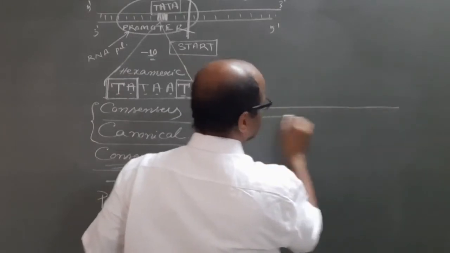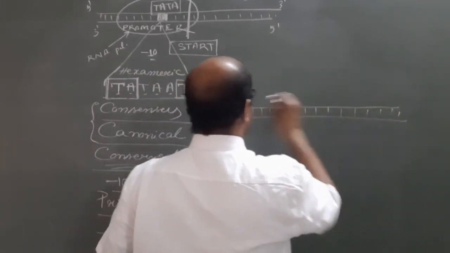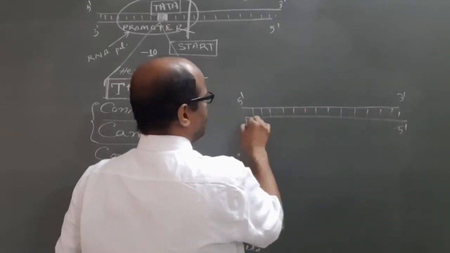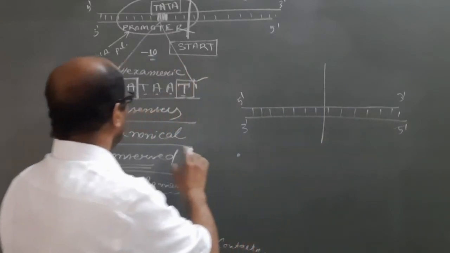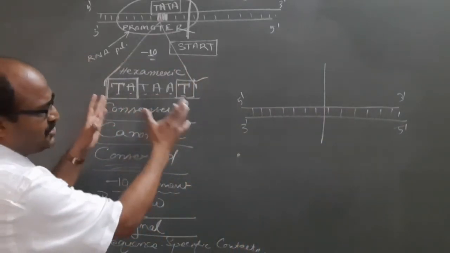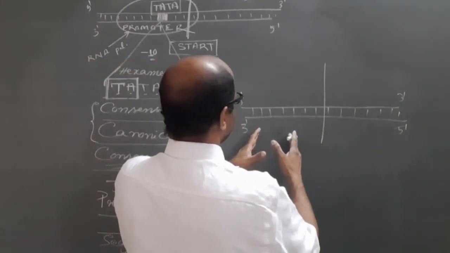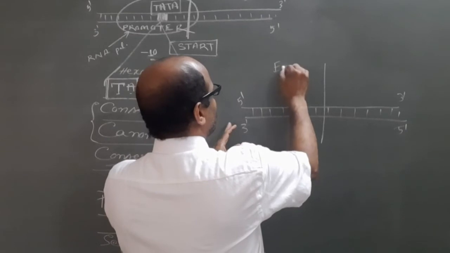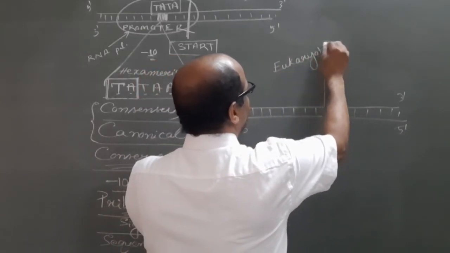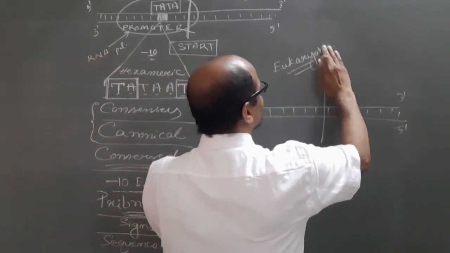Suppose that this is the eukaryotic double stranded DNA, 5 prime, 3 prime, 5 prime, 3 prime, and such a homologous region is also present on the eukaryotic DNA.